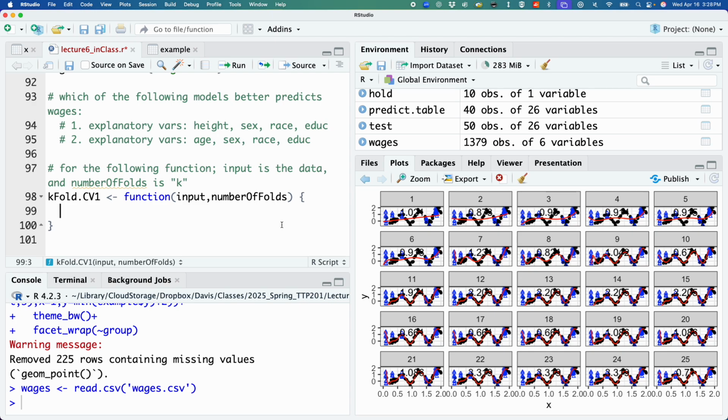Does that make sense to everyone? So the way that I do that is I'm going to call that index. I'm going to sample, instead of 1 through 5 as the numbers in the hat, it's going to be numbers 1 through the number of folds. And how many times do I draw the number out of the hat?